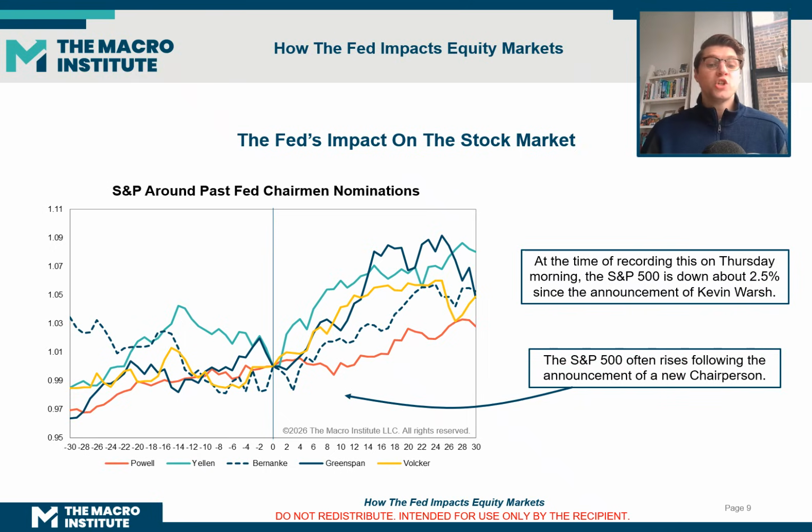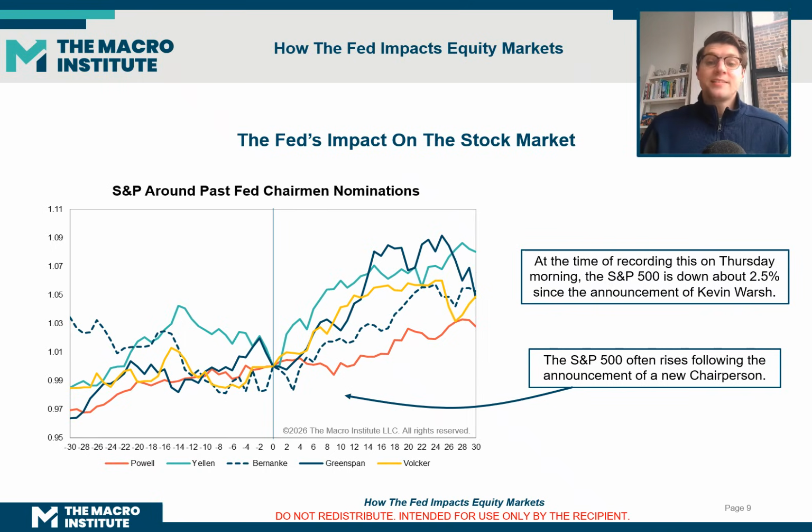And you could see the market generally rises. Now, we're not really sure why that happens, but I have a good guess. The stock market hates uncertainty. And so knowing who's going to be next, because these people generally serve pretty long terms, and so you know who you're going to be stuck with, the market feels good about that. It can start to discount who's going to be in charge.